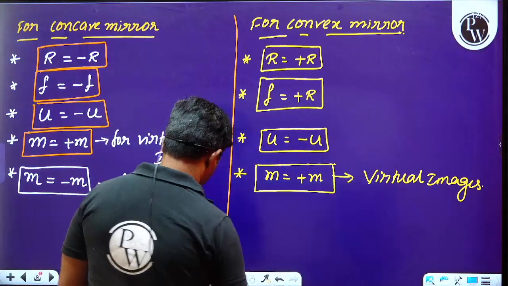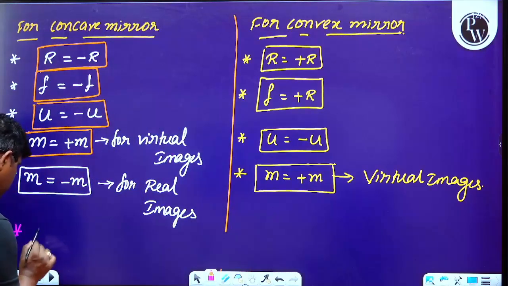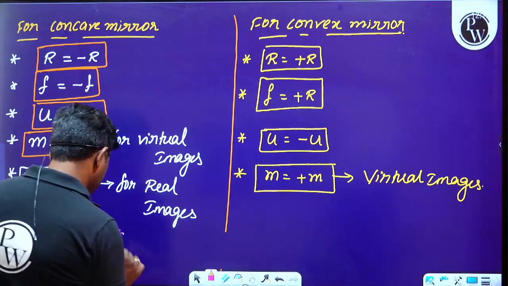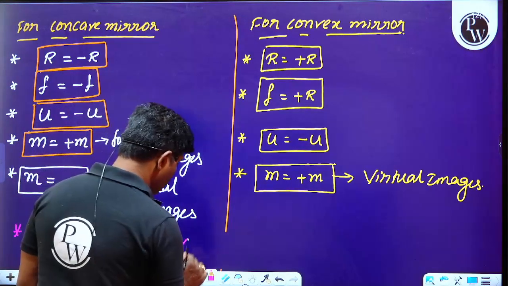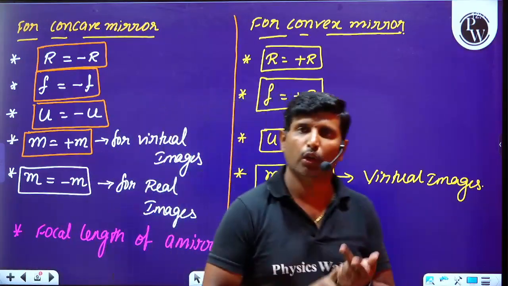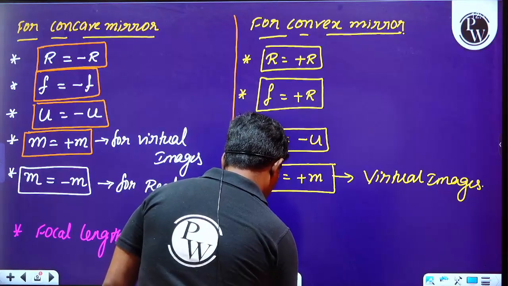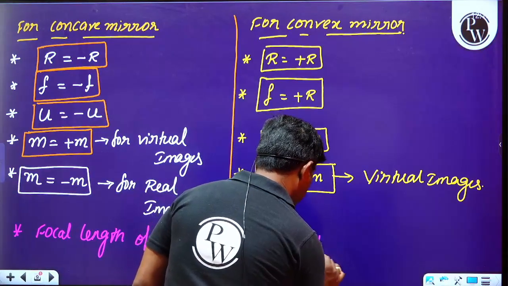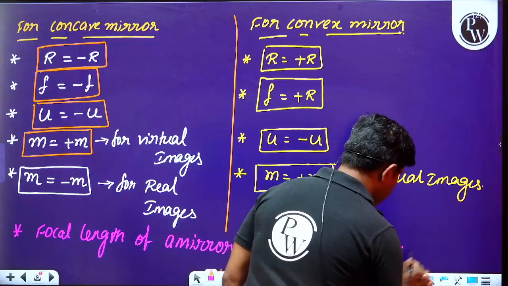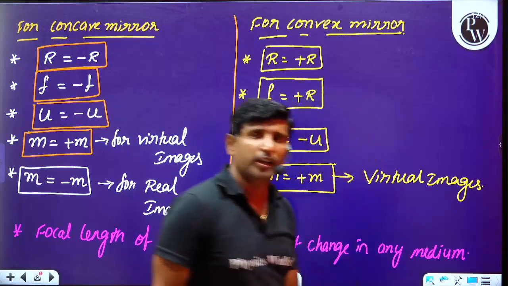And finally, whenever we go with the final conclusion statement, observe this: the focal length of a mirror, it may be a plane mirror, concave mirror or convex mirror, will not change in any medium. Is it clear? We have to make sure about these points clearly.